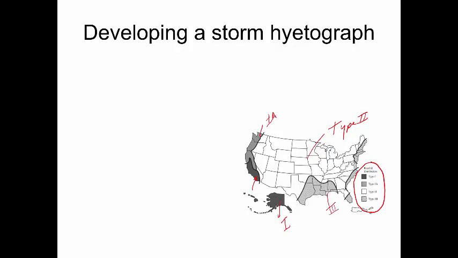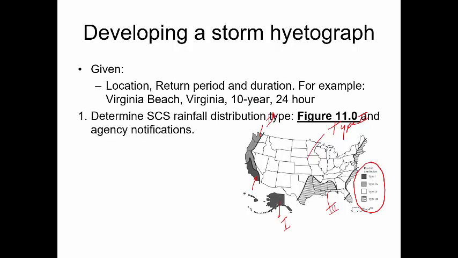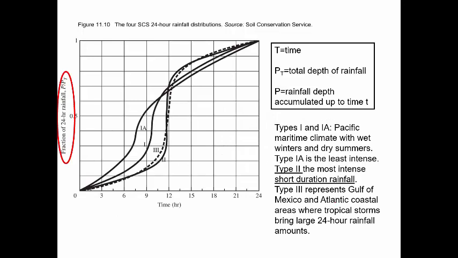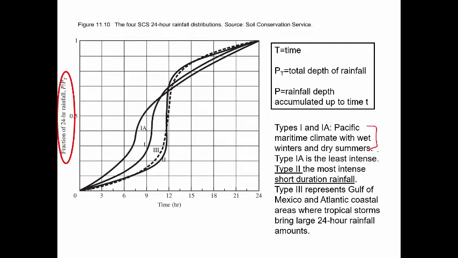What does that mean? Okay? It means the type of rainfall distribution. So type 2, let's go over that. Type 1 and 1A is wet winters and dry summers. So 1 and 1A is Pacific maritime climate with wet winters and dry summers.